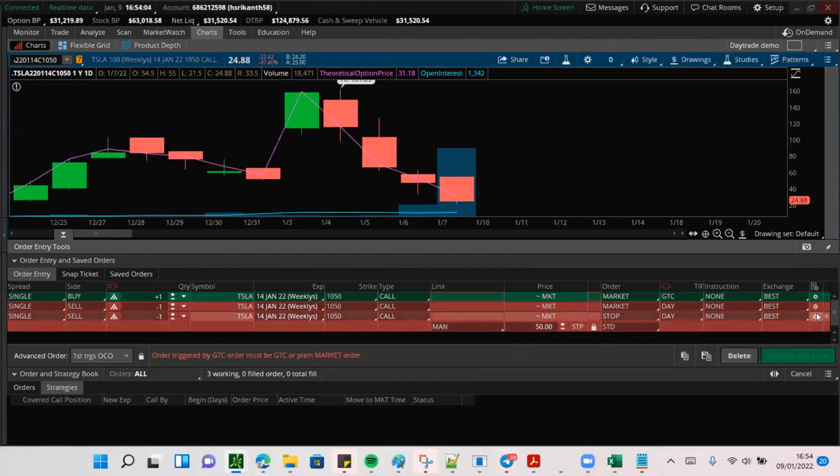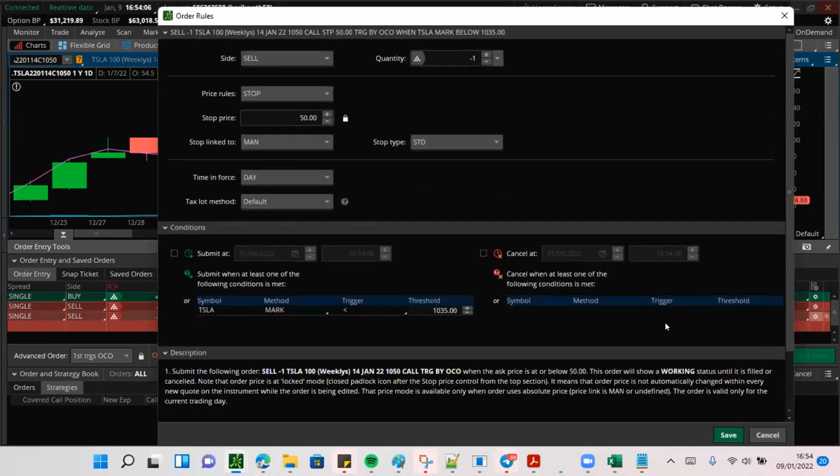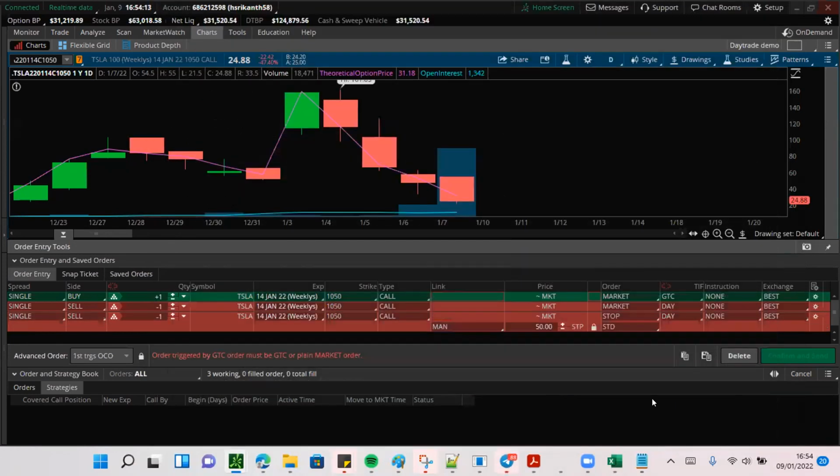On the sell order, on the stop loss, let's not put a condition. We can just set up, let's say, 50 or something.